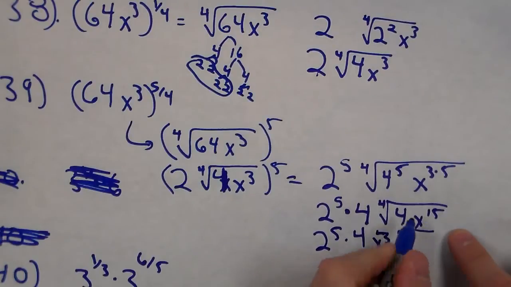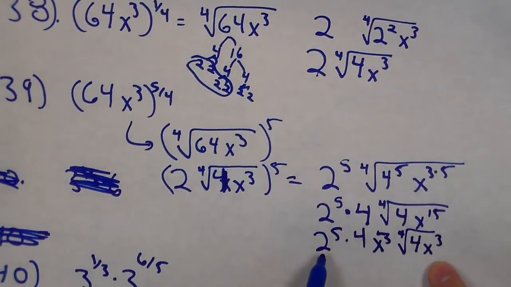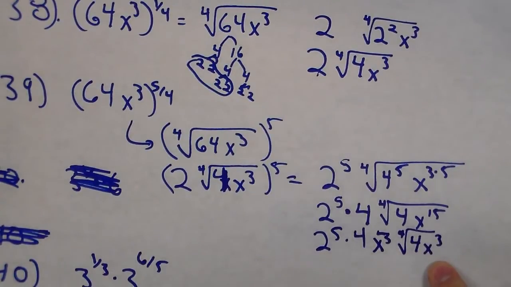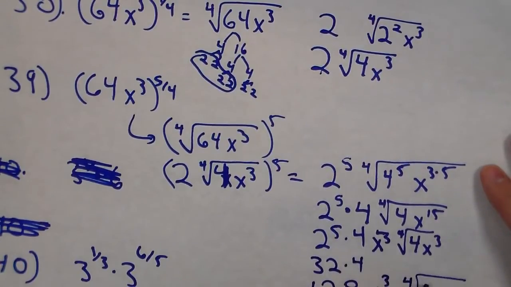That leaves me with 3 on the inside, so we're going to call this 2 to the 5th times 4, x to the 3rd, 4th root of 4, x to the 3rd, which is quite a mouthful, but we're going to have 2 to the 5th is 32, times 4, that turns out to be 128, x to the 3rd, the 4th root of 4x to the 3rd.